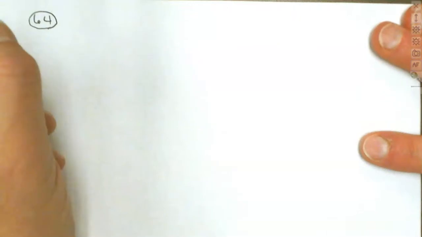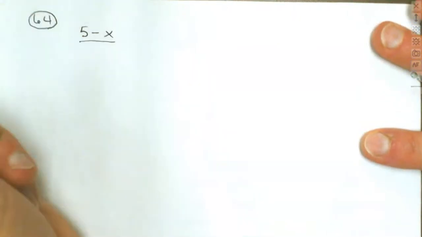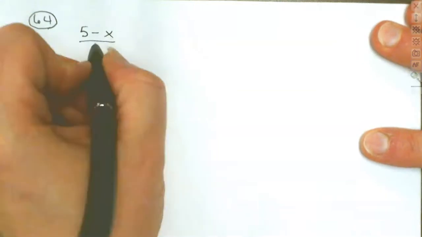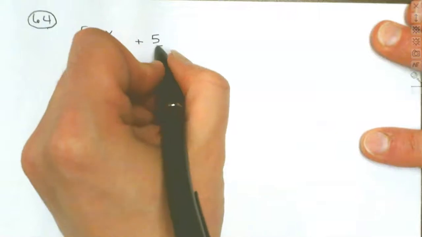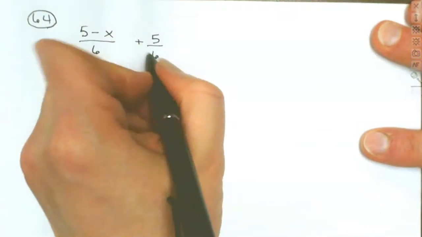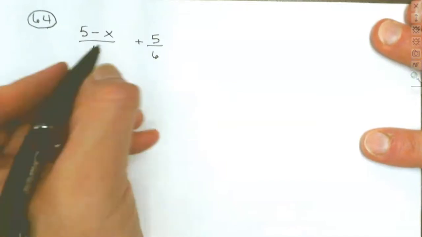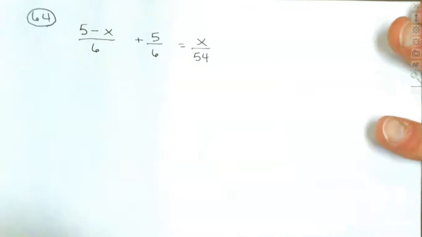Question 64 is 5 minus x over 6 plus 5 over 6 equals x over 54.